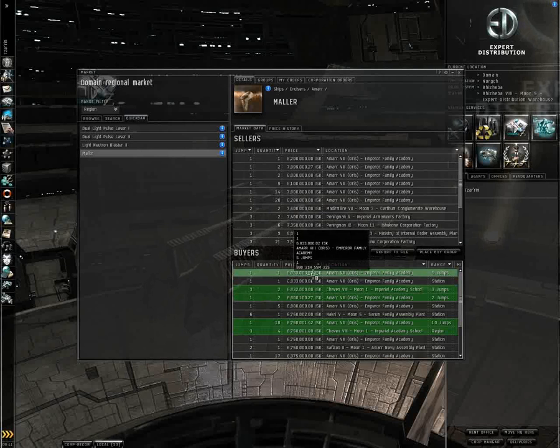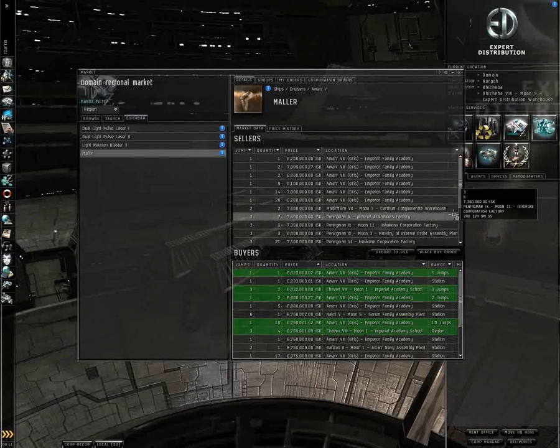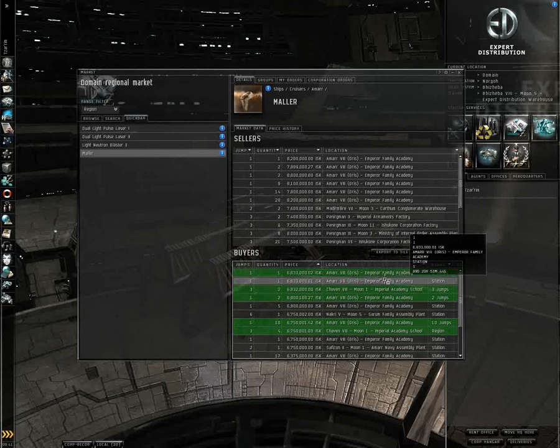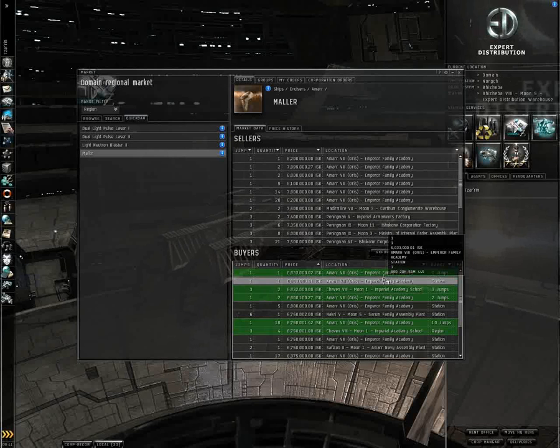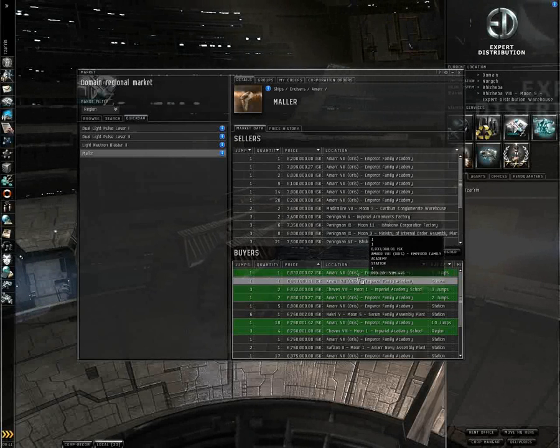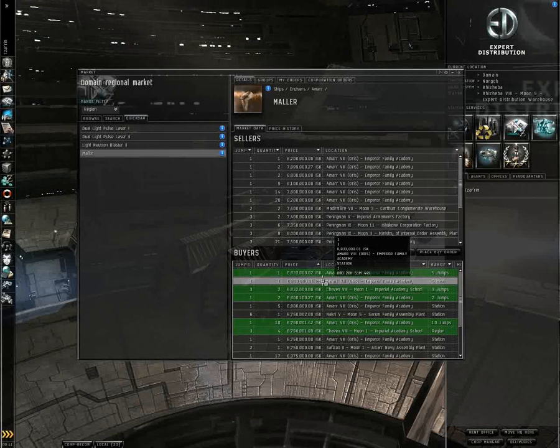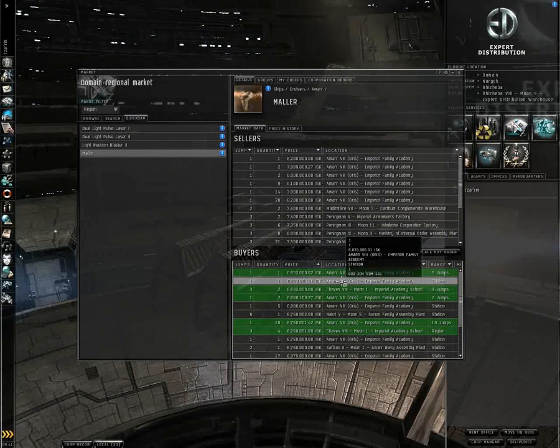The green ones mean that it is in range for you. So when they put up a buy order, they set a range that you are close to. This guy probably set it to system or station, and I'm not in his system and not in his station. So if I want to sell one, he's not the one going to buy it.